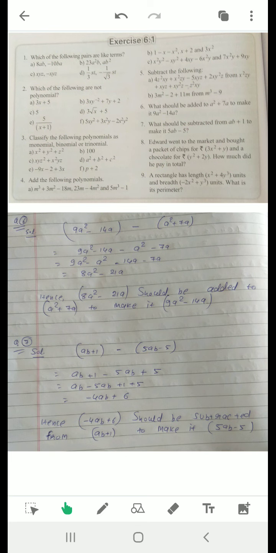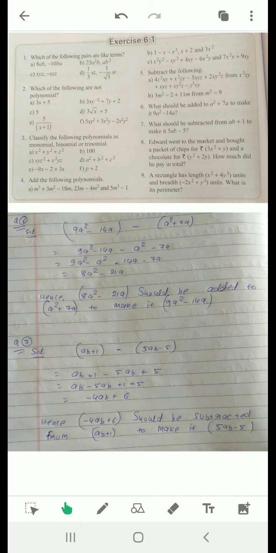What are the cases? The first case, if the power of variable is negative, then it cannot be a polynomial. Second case, if the power of variable is in the form of fraction, then also it is not a polynomial. Third case, if the variable goes into the denominator of any term, then also that cannot be a polynomial.